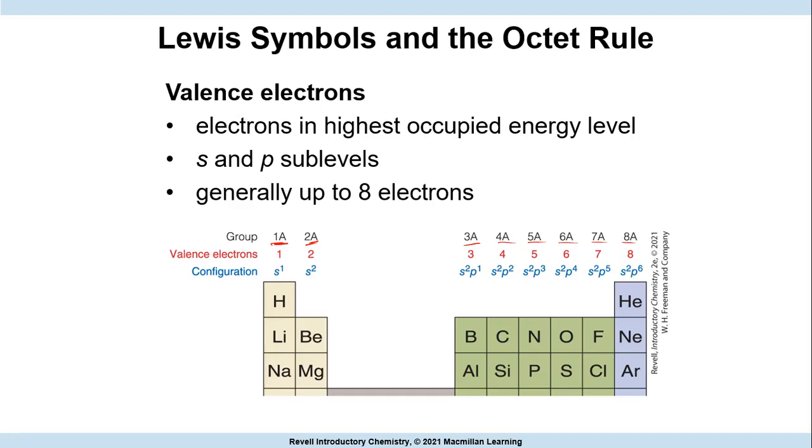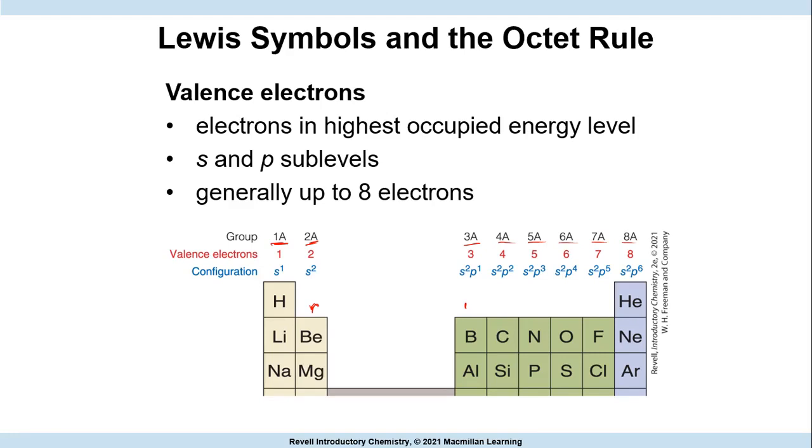Beryllium is found in group 2, so all the elements of that group will have 2 valence electrons. Boron and aluminium are found in group 3, so they will have 3 valence electrons, and so on. If you look at neon or helium, they are found in group 8, so they will have 8 valence electrons. That is how you identify the number of valence electrons in an atom.